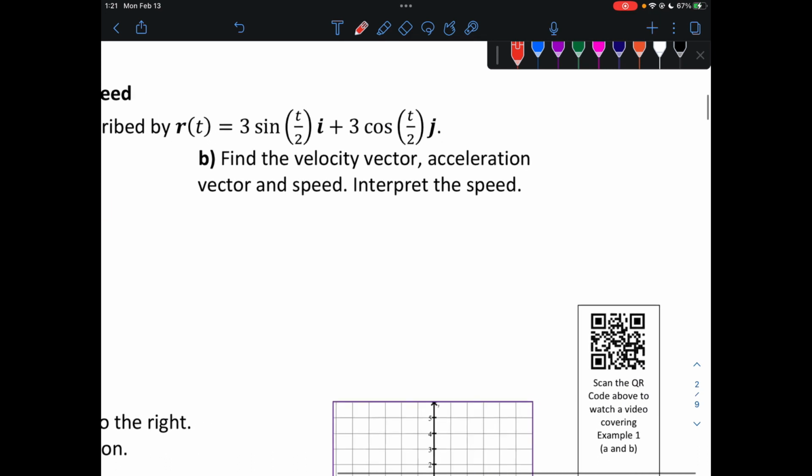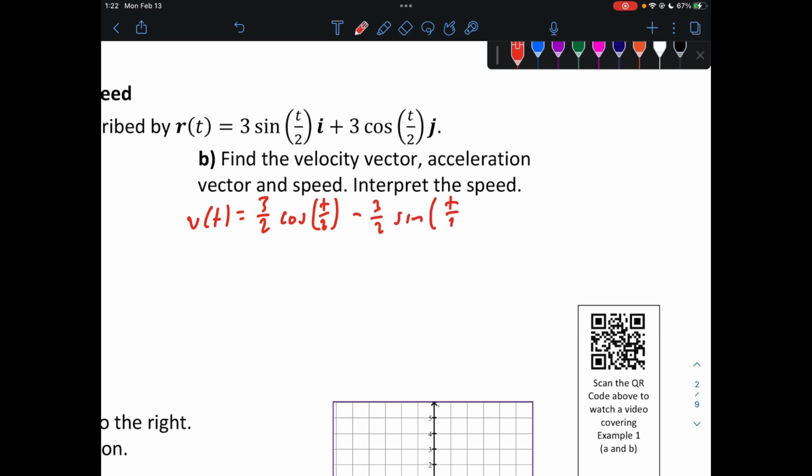Part B, find the velocity, acceleration, and speed, and interpret the speed. So the velocity will just be our derivative of our position function, r of t, so r prime of t. So this would be 1/2 times 3, so 3/2 cosine t over 2 i minus 3/2 sine t over 2 j.